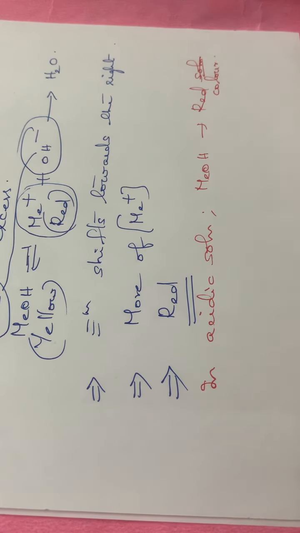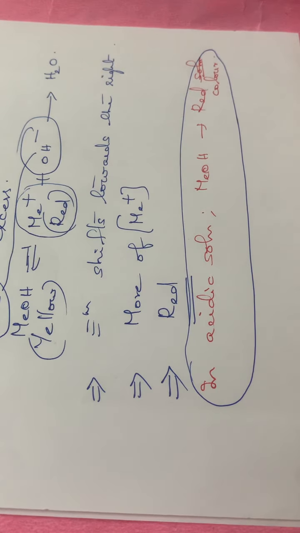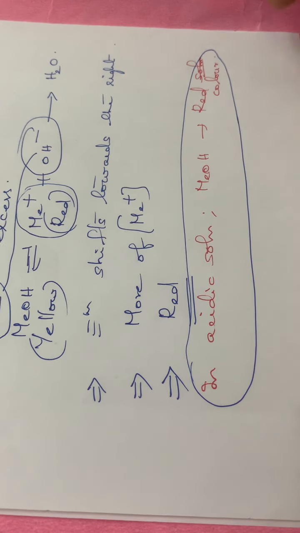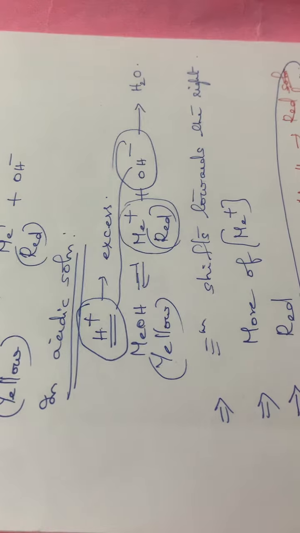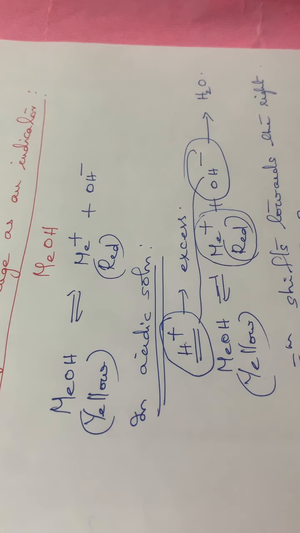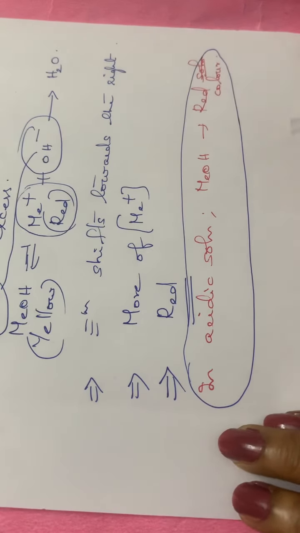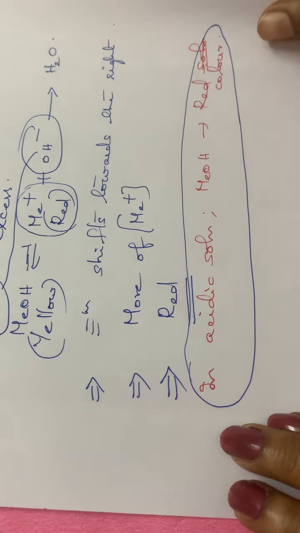Okay, so this is one point to be noted down. In acidic solution, methyl orange will be showing red in color. Hope you are clear with this. If you are studying the first explanation, on the basis of that, you can write both these, that is the case of phenolphthalein as well as methyl orange. So in acidic solution, methyl orange will be red in color.